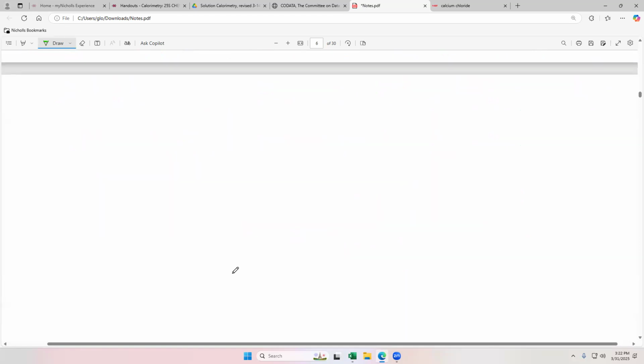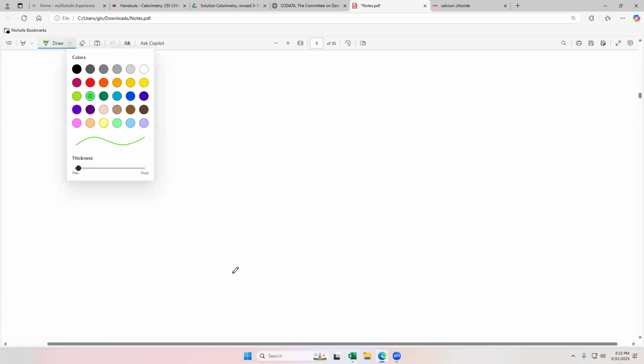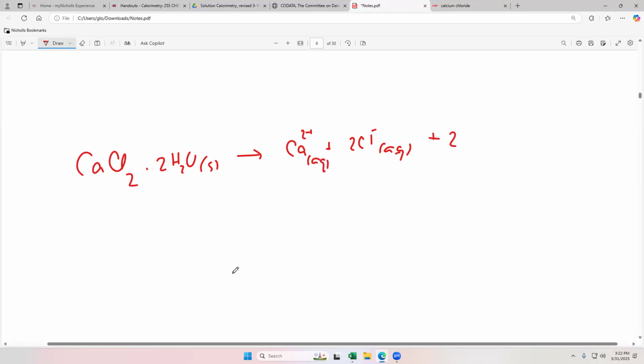So we have calcium chloride dihydrate, solid, gives you calcium ions plus 2 chloride ions, aqueous, plus 2 H2O liquid.